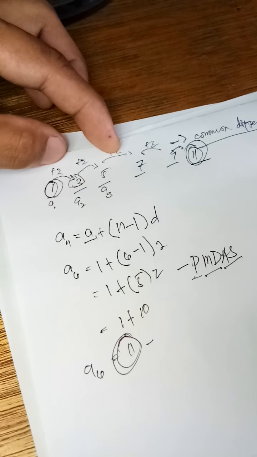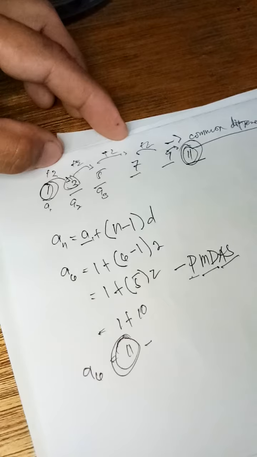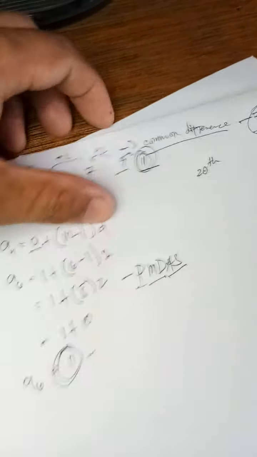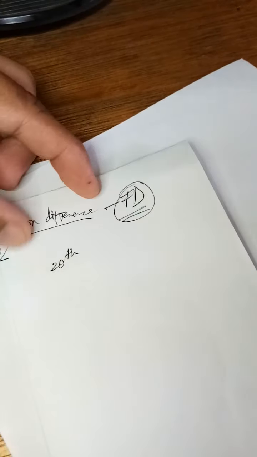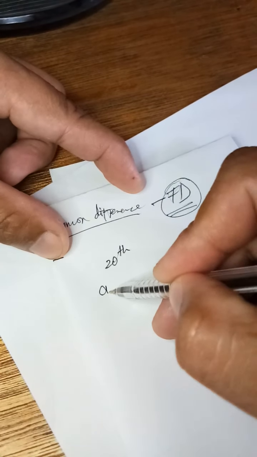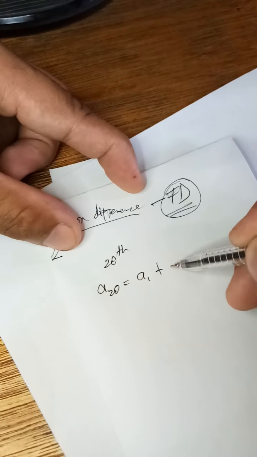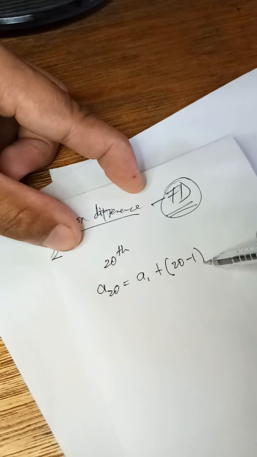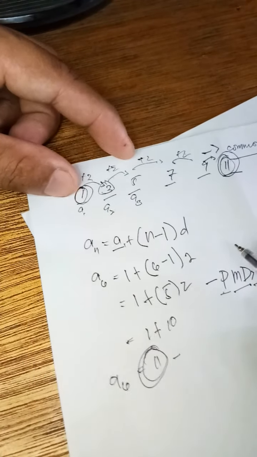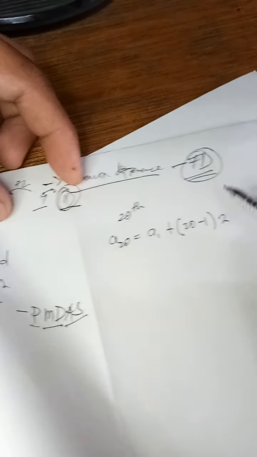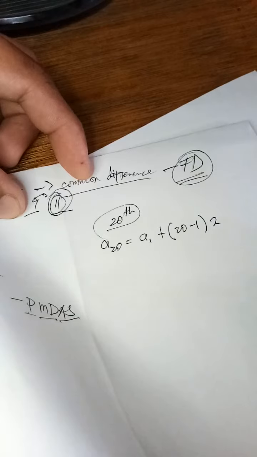So, kung tatanungin naman kayo, ano yung magiging 20th term? So, using the formula, we have a sub 20 is equal to a sub 1 plus n, which is 20, minus 1, and the common difference is 2. Take note, class, that our a sub 1 here is 1. So, hinahanap po natin kung ano yung ika-20th term.